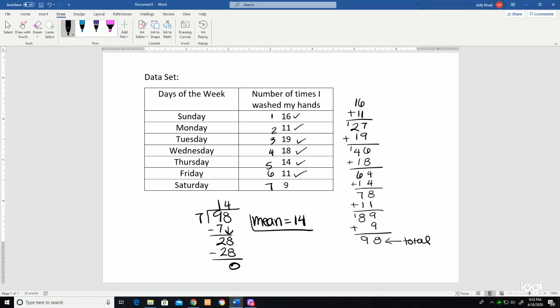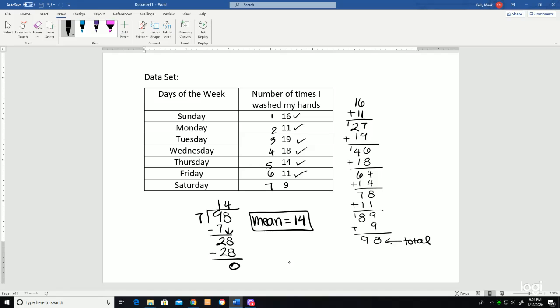What that number means is that over the course of the week, on average, I washed my hands about 14 times. All right. So it's an average, meaning that they took all these numbers for the times I washed my hands, and overall, all of these numbers are hanging around 14. They centralize around 14.